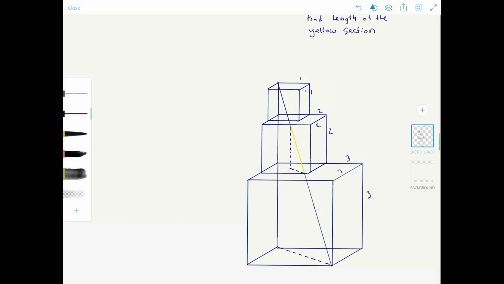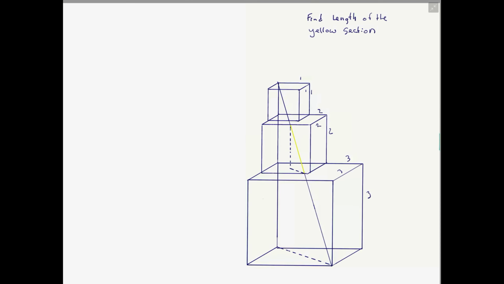And we'll go like this. Okay. All right, that's our triangle. And remember, this dotted vertical line is parallel to the corner of the cube. And this line penetrates the surface of the side 2 cube.